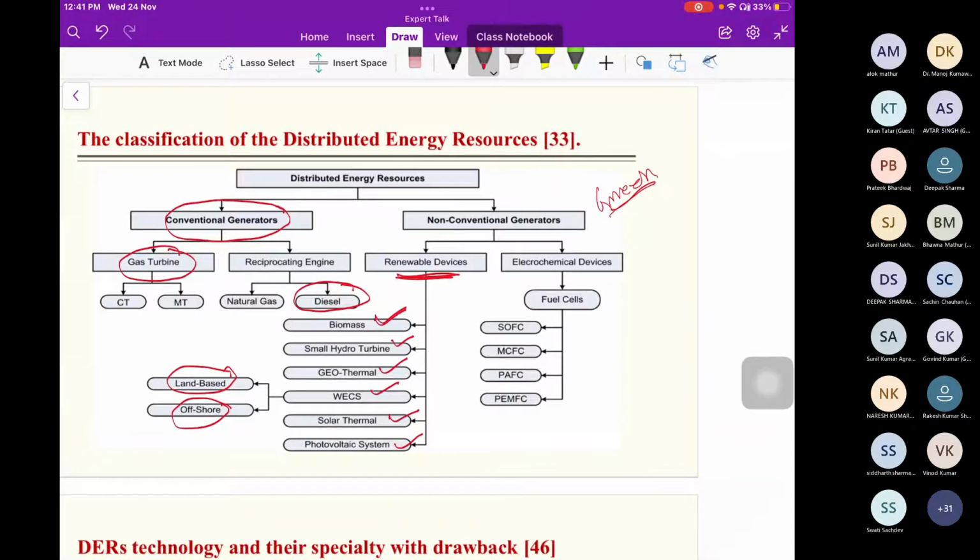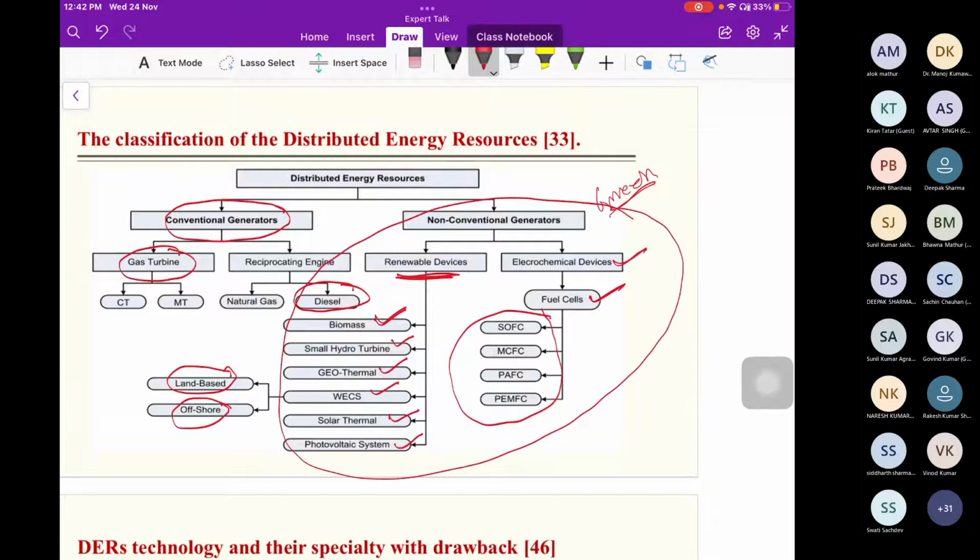One more thing, a latest prominent research area, is electrochemical devices, that is fuel cells, which according to requirement are also classified into 4 categories. So the Government of India, and the whole world, is motivated toward using green technology for the production of electricity.